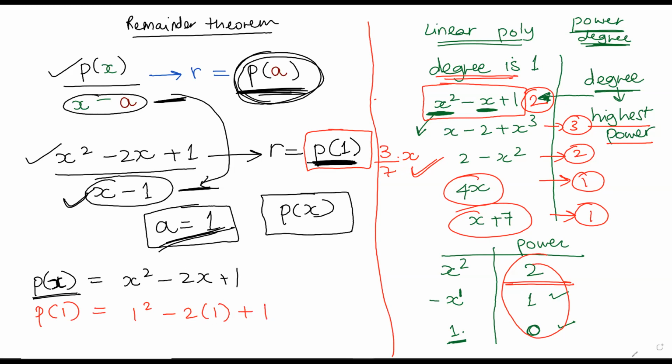So now let's take this on a fresh page. Once again, our remainder theorem said that if we have a polynomial P of x, I'm just going to write the definition and then we'll take the same example again.